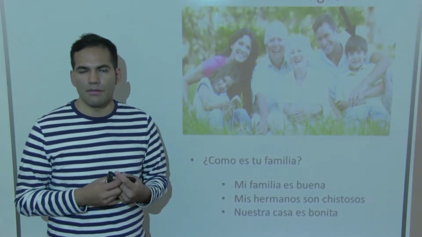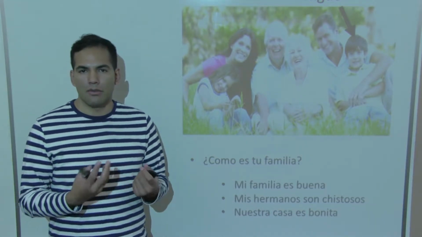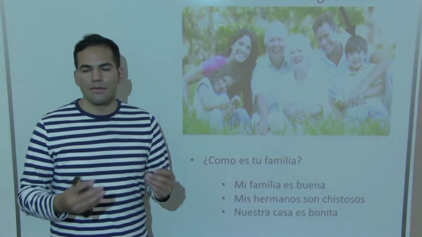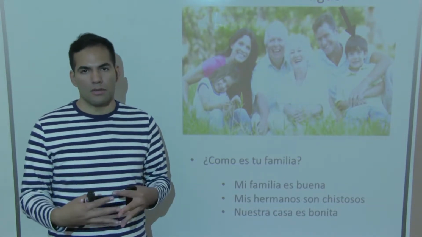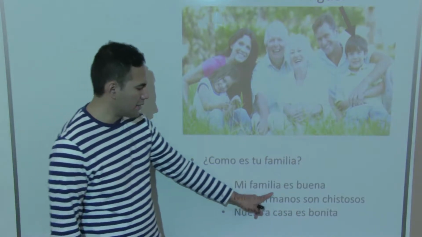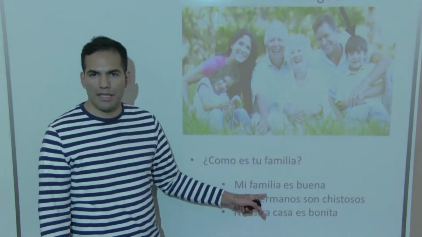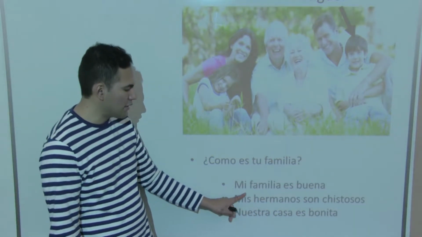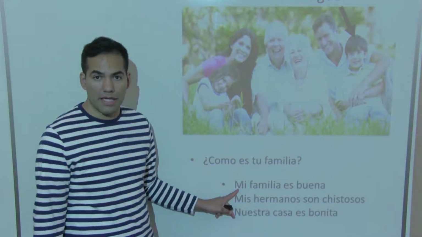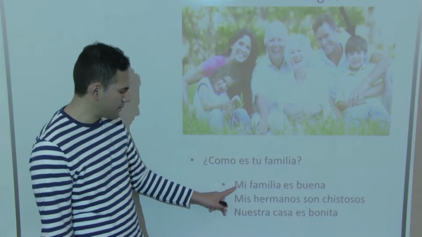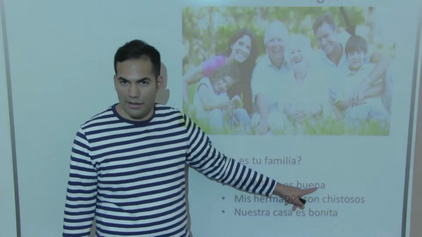Some other examples could be team. The word team means that there's more than one person in the group, but team is a singular word. So that's why familia is the same thing. Familia is a singular word, so we're going to use the singular form of the possessive adjective. Mi familia es buena.